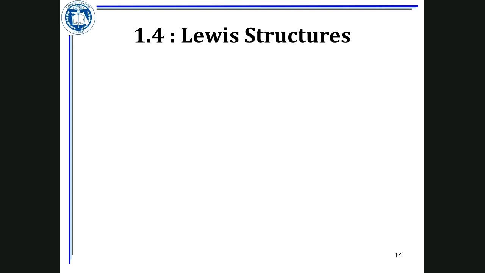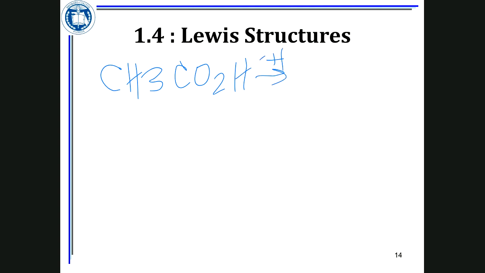If we have CH3CO2H, losing one hydrogen is going to change to CH3COO minus, acetate ion. Lewis structure for this molecule: the backbone of the molecule in organic compounds, your carbon-carbon bond is going to form the backbone of the molecule. So we have CC.